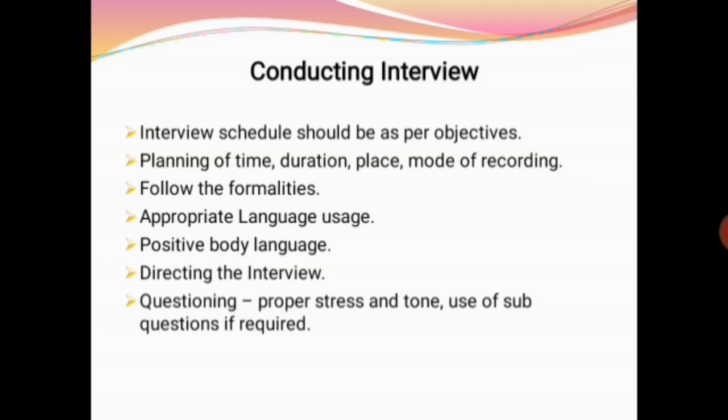The positive body language and directing the interview, questioning. So the questioning is with proper stress and tone, used for the sub questions. If they require sub questions, you can ask, or otherwise the question must be user friendly to the respondents.